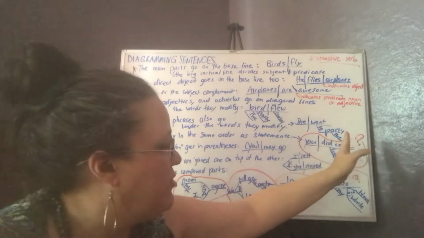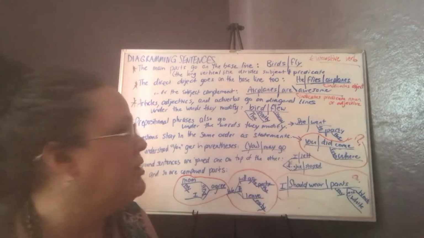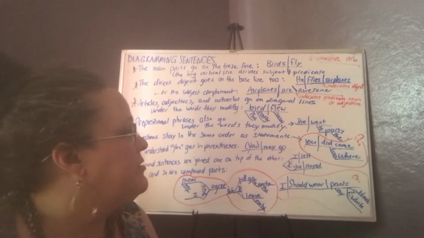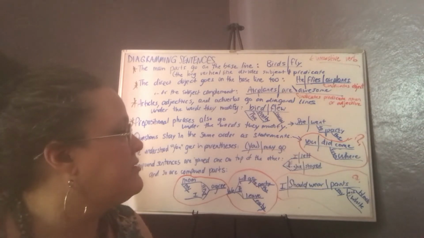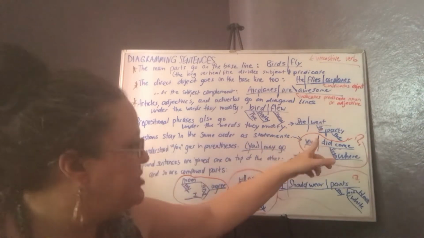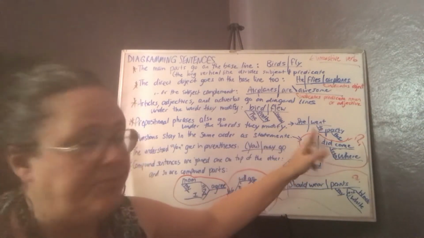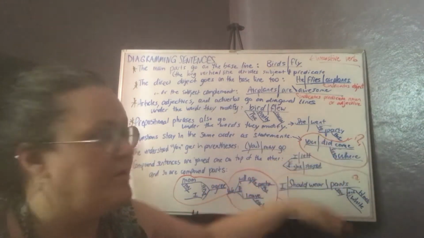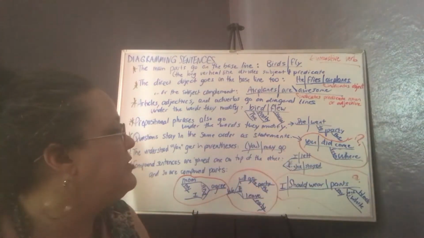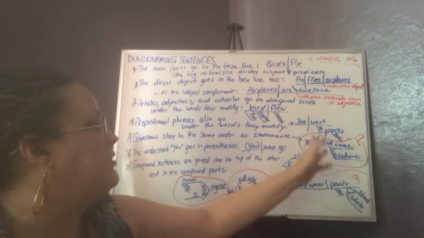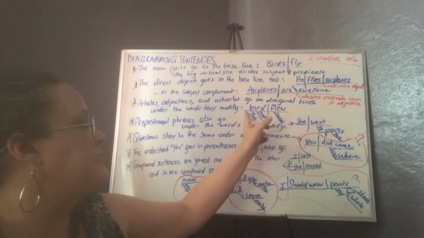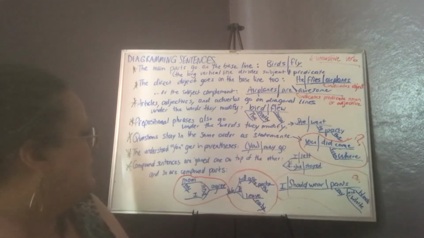And then you have a horizontal line below your verb that has a space for the object of the preposition, which is always a noun. And anything that modifies your object of the preposition would go under it, just like it goes under the subject over here. She went to the party.